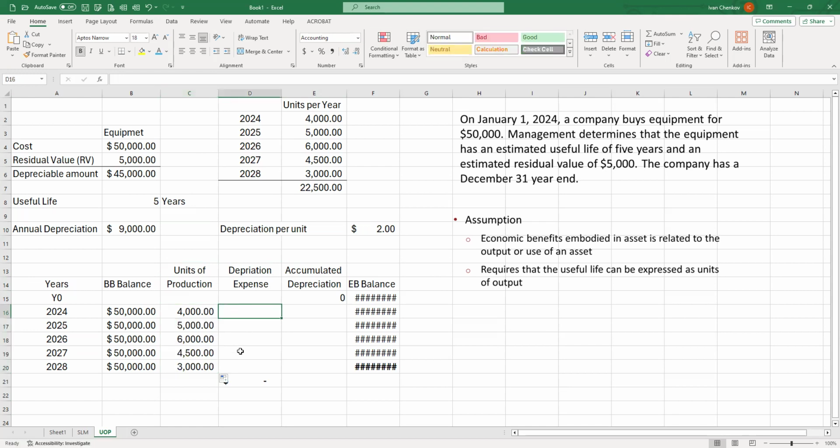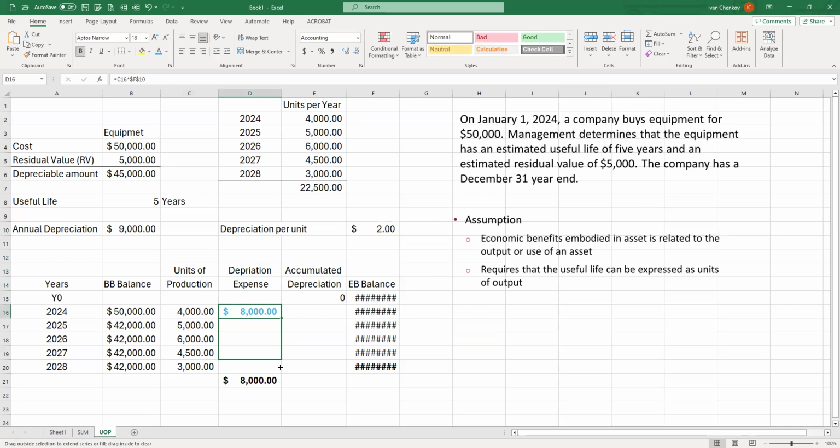So our depreciation expense will be equal to units of production times depreciation amount per unit, or 4,000 times the $2 per unit that we calculated. So the first year, our depreciation will be $8,000.